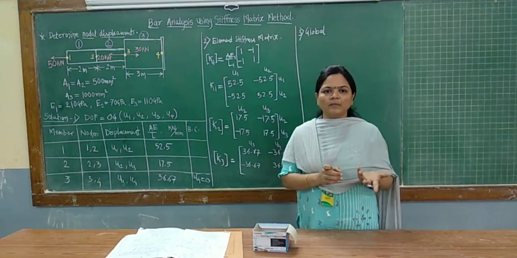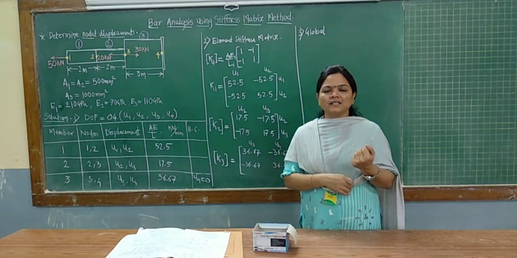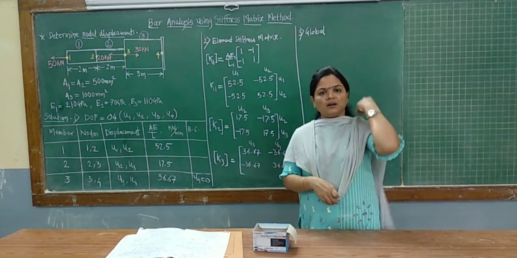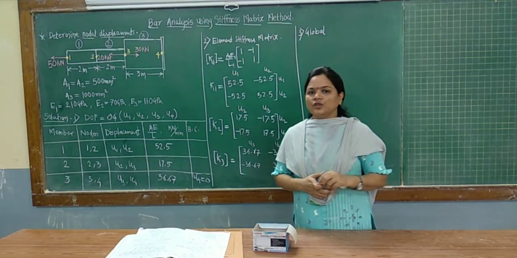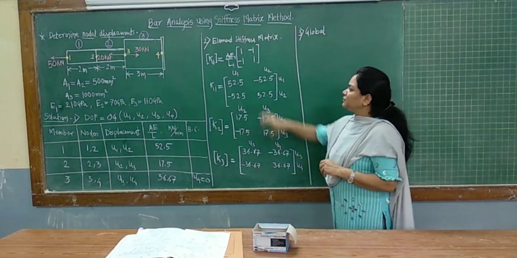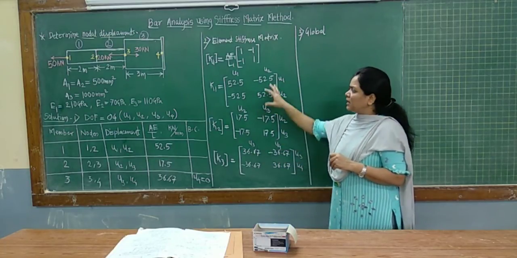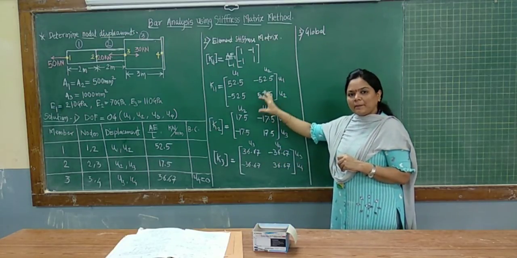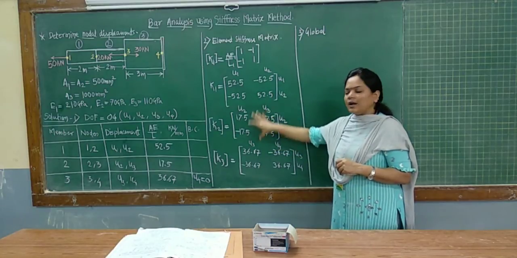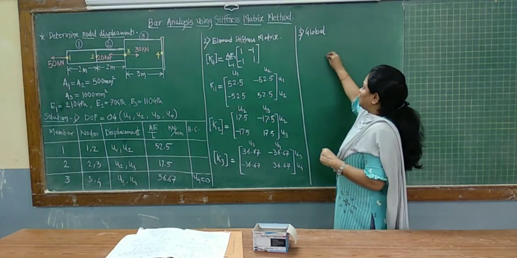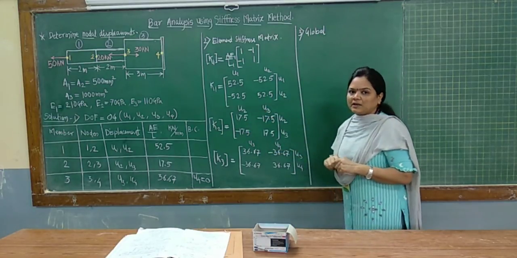In daily problems also we apply this concept to many problems. So here the same thing is done. That is, the whole structure is divided into a number of members. The property of each member is calculated, and then all the things are gathered together into a global stiffness matrix.